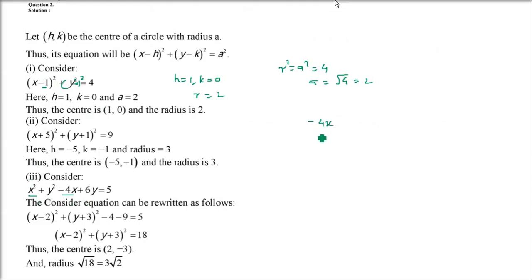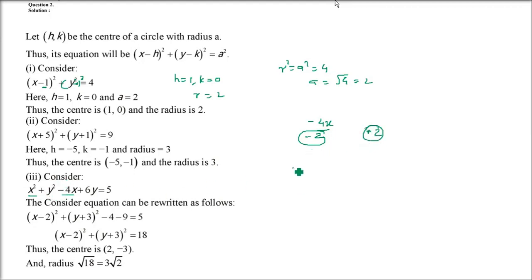Take the coefficient of x, that is 4, divide by 2 and square it. That is 2, minus 2 or 2, square it. So once you square it, this square has to be added and subtracted to make this a perfect square. I hope you got the idea.